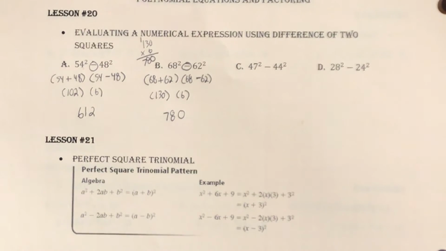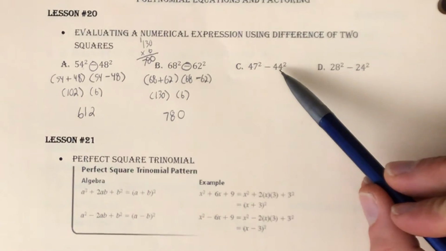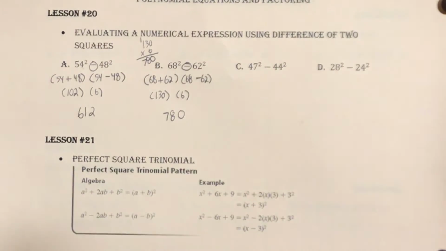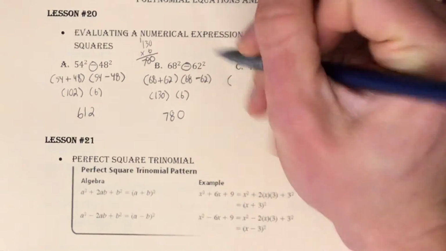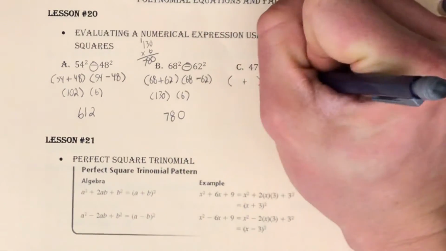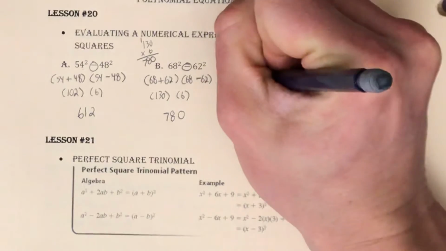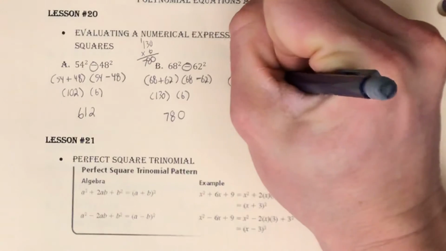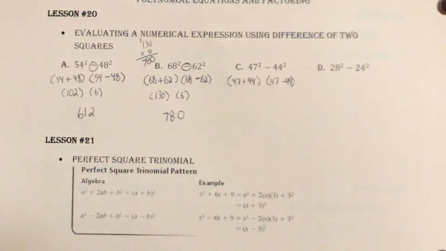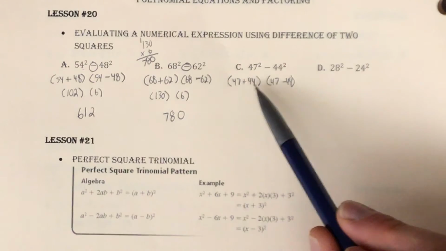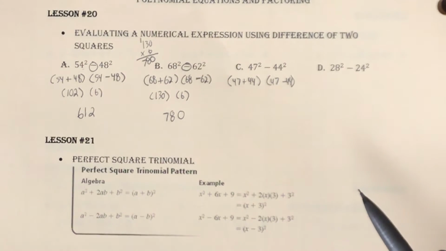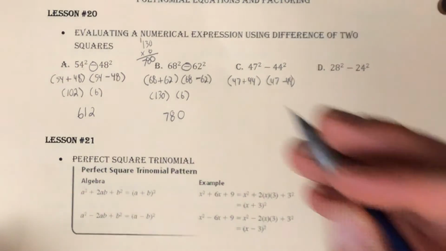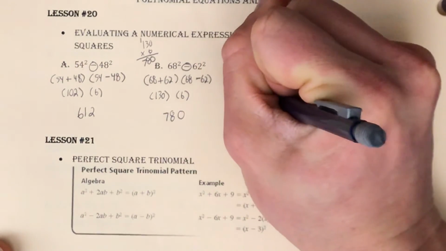Again, I notice two numbers with a subtraction symbol in between. Both are perfect squares, so I can go into my two factors here, which are plus and minus. My first term of each one is going to be the 47 that was being squared. My second term of each one is going to be the 44 that was being squared. So 47 plus 44: I know 40 plus 40 is 80, and then 7 plus 4 is 11, and 11 plus 80 is 91.